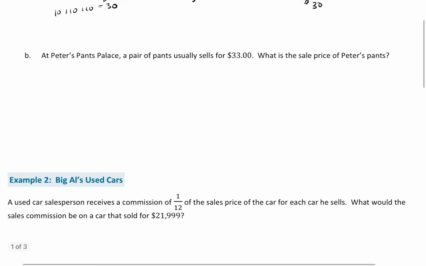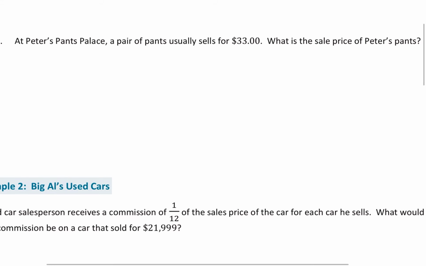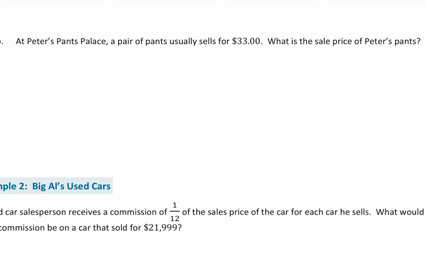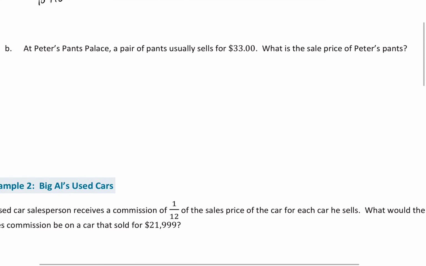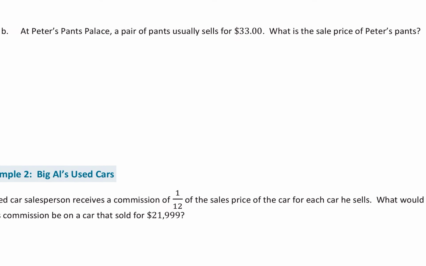So again, this time we're selling the pants for $33, and we already know that the pants discount is 1/3 off. So if we again find our tape diagram, this time it's $33 for the total price, and we're going to break this up into thirds.